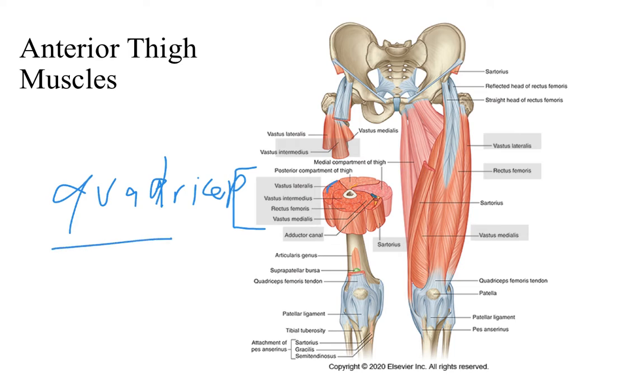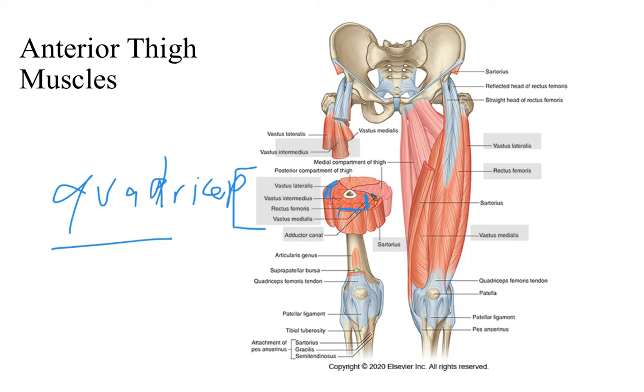We have the vastus lateralis, which will make up our lateral aspect of the thigh. We have our rectus femoris, which will go right up the center of the thigh, superficially. And then we'll have our vastus medialis, which will make up the medial part of the anterior thigh.